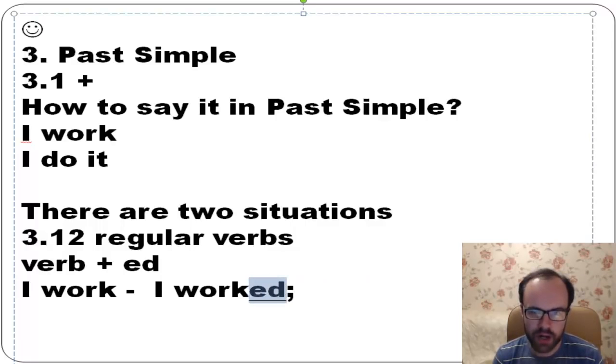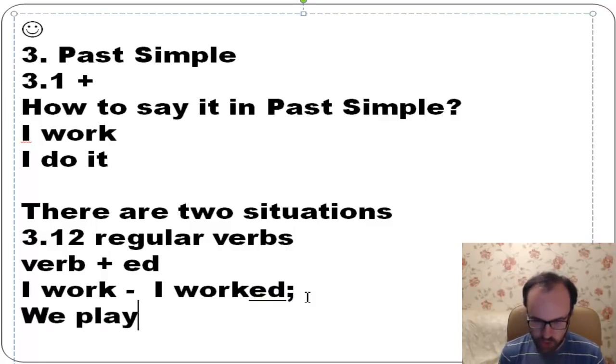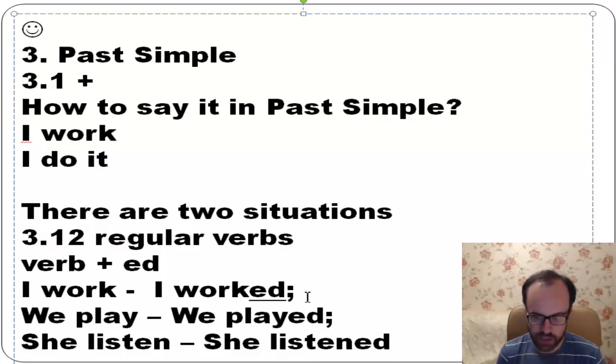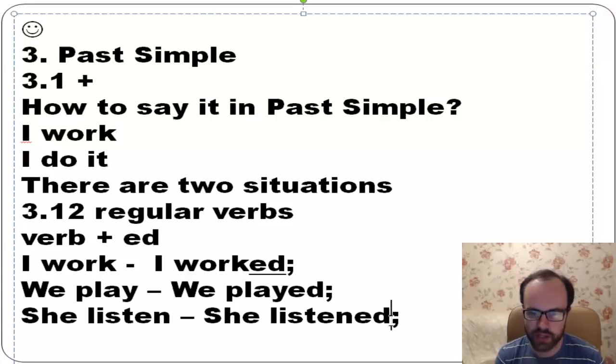I work, I worked. We play, we played. Good. She listened. Ed. Okay, so we add ed. It's easier. Regular verbs.